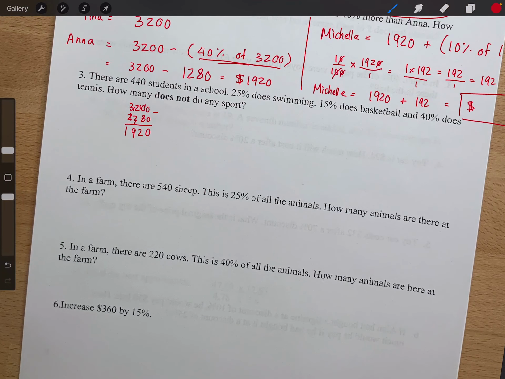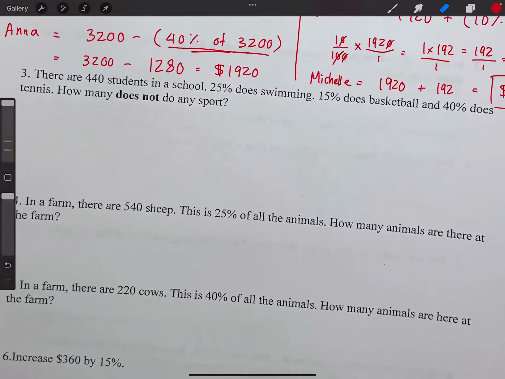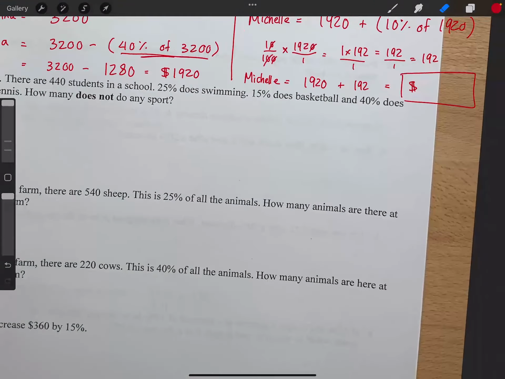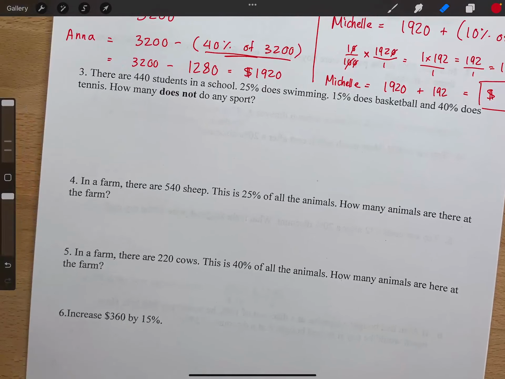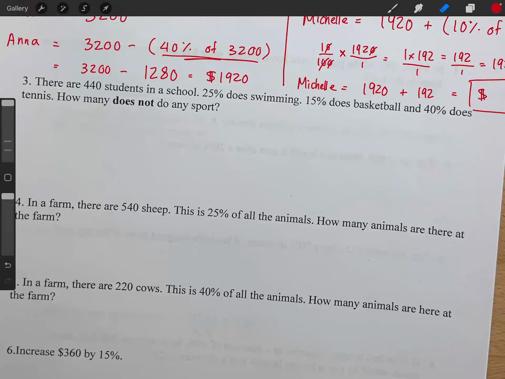Now the next question 3 says there are 440 students in a school. 25% does swimming, 15% does basketball, and 40% does tennis. How many does not do any sports? Okay. So 440 people, so 100% of all the students is your 440 people.